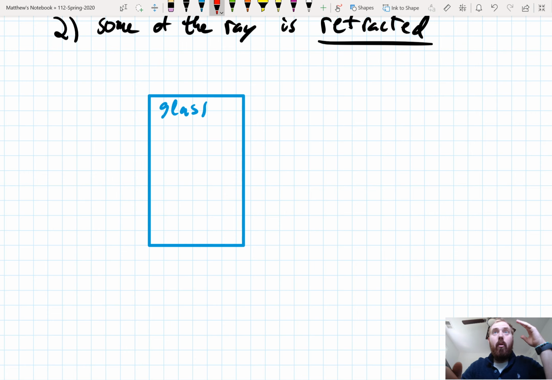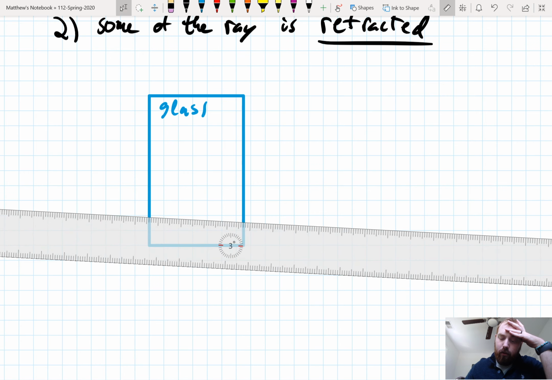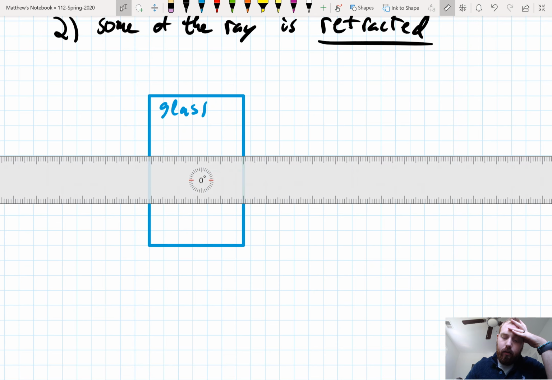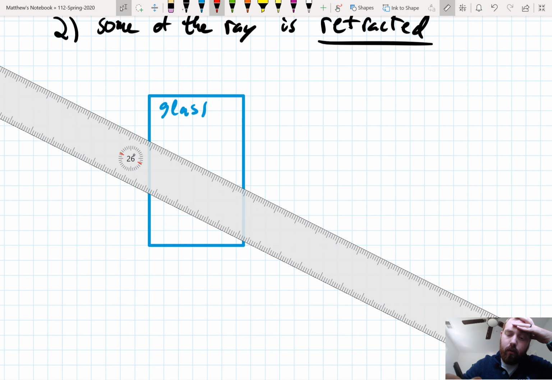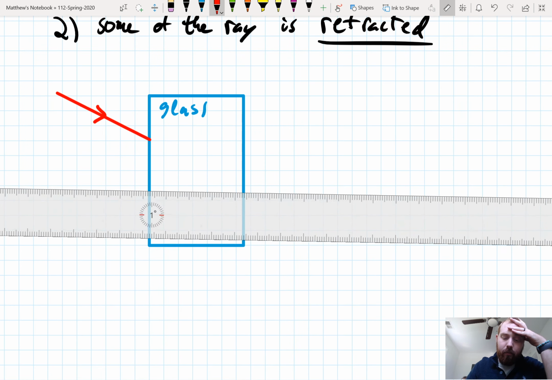And I'm going to shoot a ray into this. I want to be careful, so I'm going to use a nice ruler here. I'm going to have my ray come in at some angle, arbitrary for now. Here's my incoming ray, and it hits that medium.